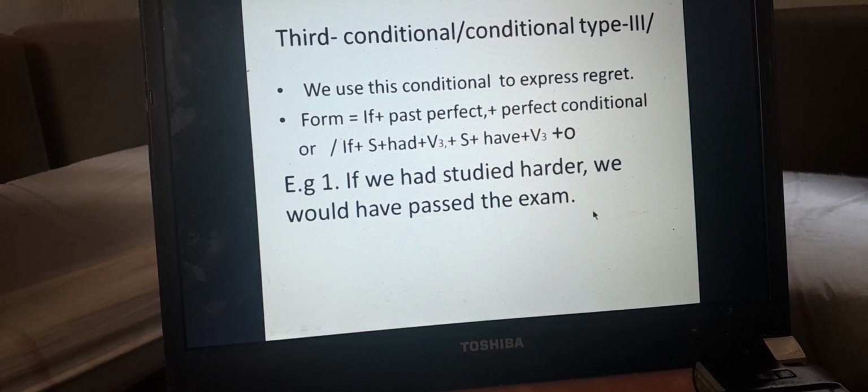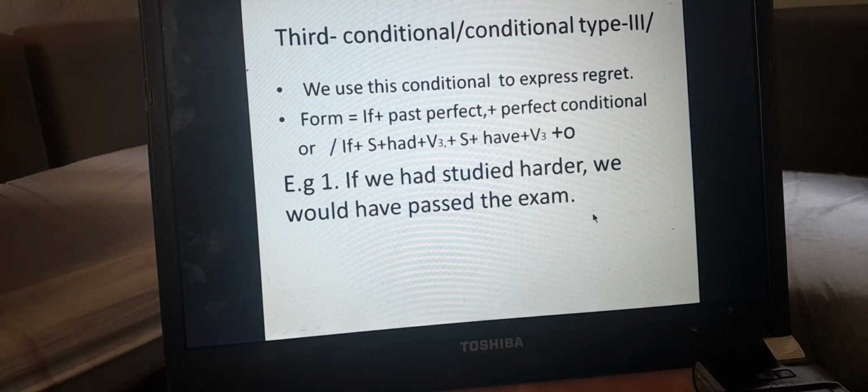So this is totally the lesson that I have presented for you related to conditionals. Totally, to summarize, we have 4 types of conditionals: zero conditional, first conditional, second conditional, and third conditional.